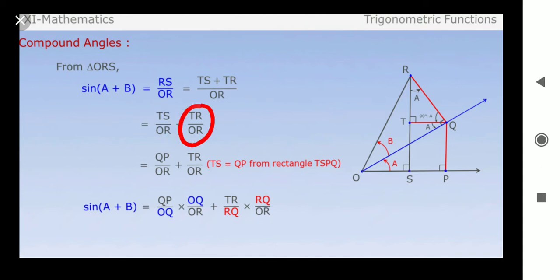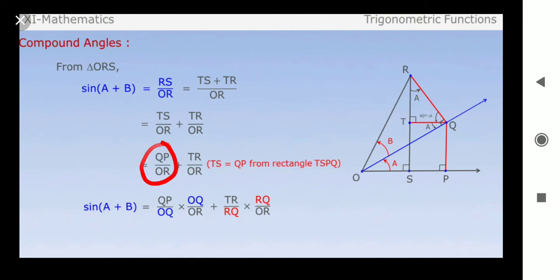Okay, now TS and QP both are parallel and equal. So we can write QP in place of TS and the others will be as usual. Now see, QP by OR.